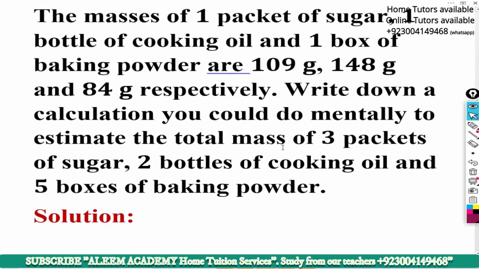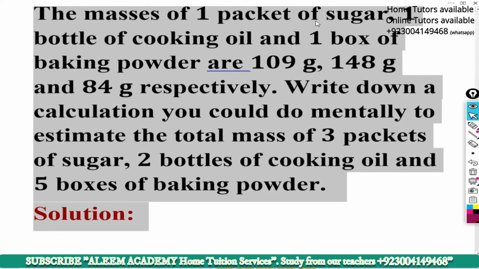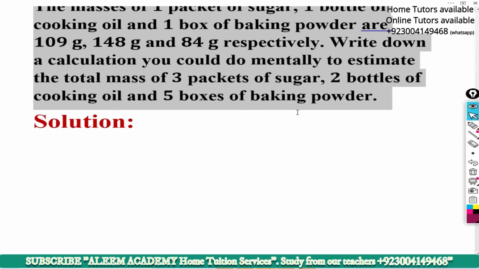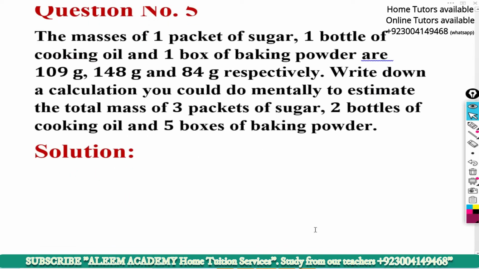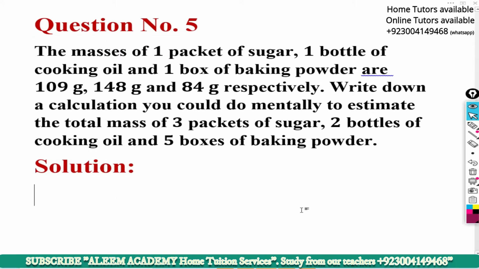Next is question number 5. Let's make it a little small for you. Okay, question number 5 says that the masses of 1 packet of sugar, 1 bottle of cooking oil, and 1 box of baking powder are this, and this respectively.